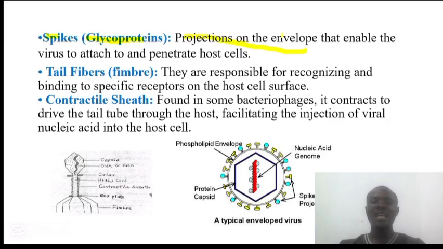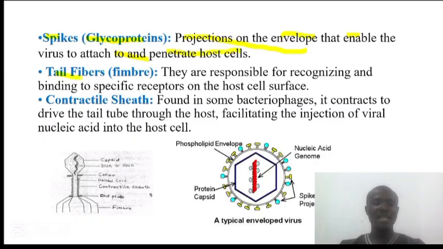And we said the envelope is not found in all viruses. So if this spike is found on the envelope, that means even the spike is not found in all viruses. This spike enables the virus to attach to and penetrate the host cell.